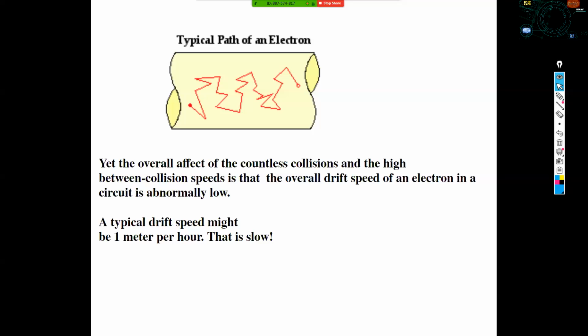That wire in your wall is loaded with electrons. As soon as the ones in the back start pushing, that electron that's still sitting right by that light bulb is going to get pushed into the light bulb and energize it. So that's why you see this difference between the electricity coming on versus the actual electron and its drift speed.